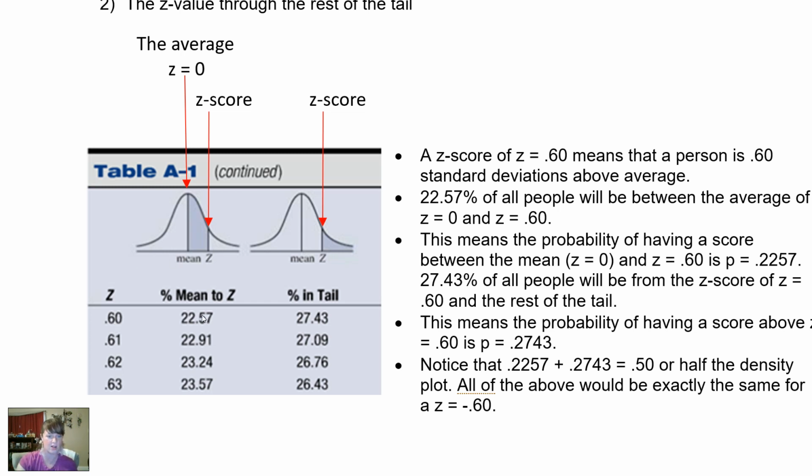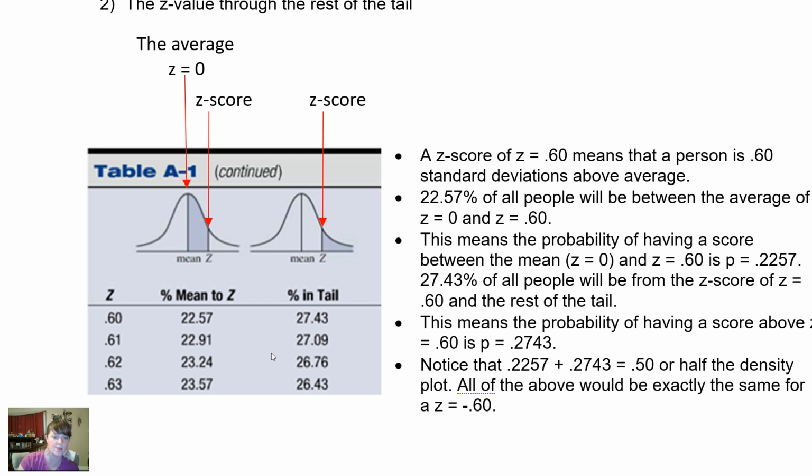The second column tells me the percentage of people from the average of 0 to that Z-score. So in this case, if someone says, I got a Z-score of 0.6, then I would know about 22.57% of people are between the average of 0 and their Z-score of 0.6. That's what the second column tells me, and that is called the mean to Z.